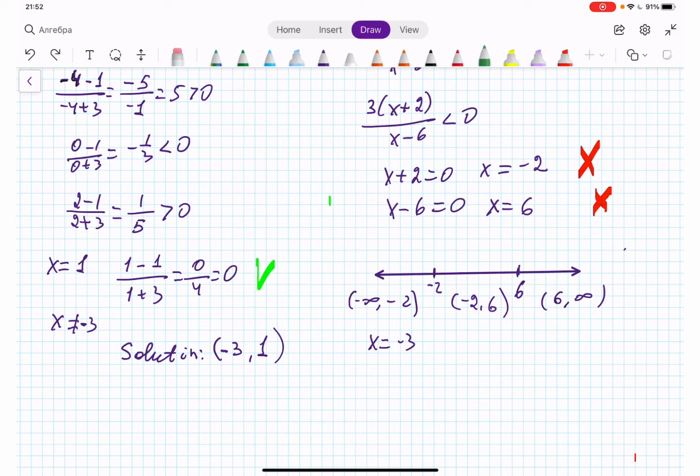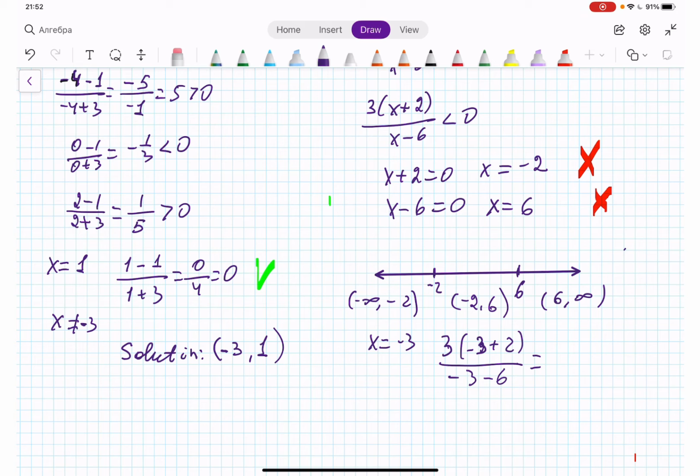We have 3 times negative 3 plus 2 over negative 3 minus 6.